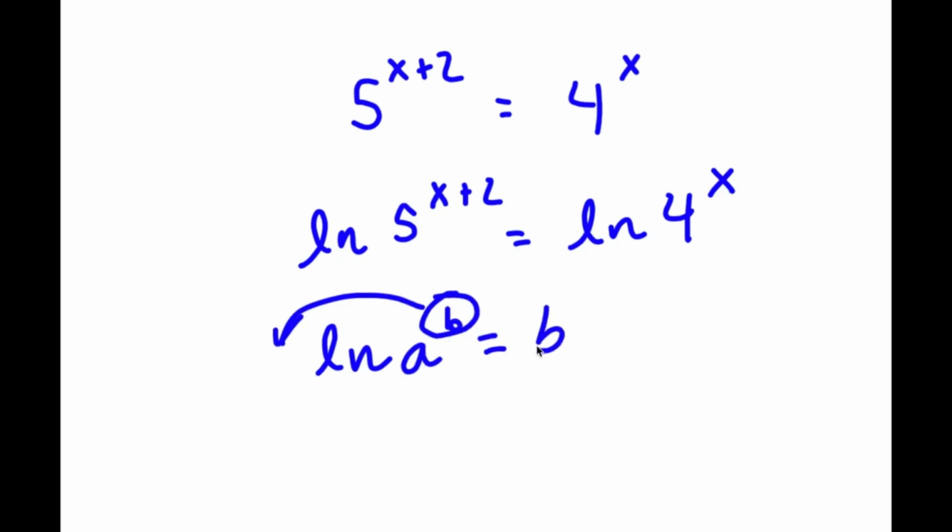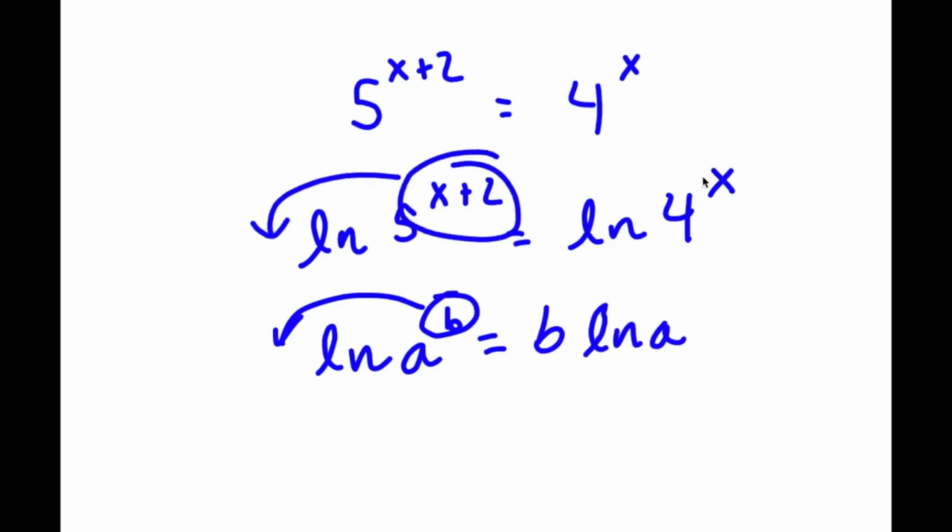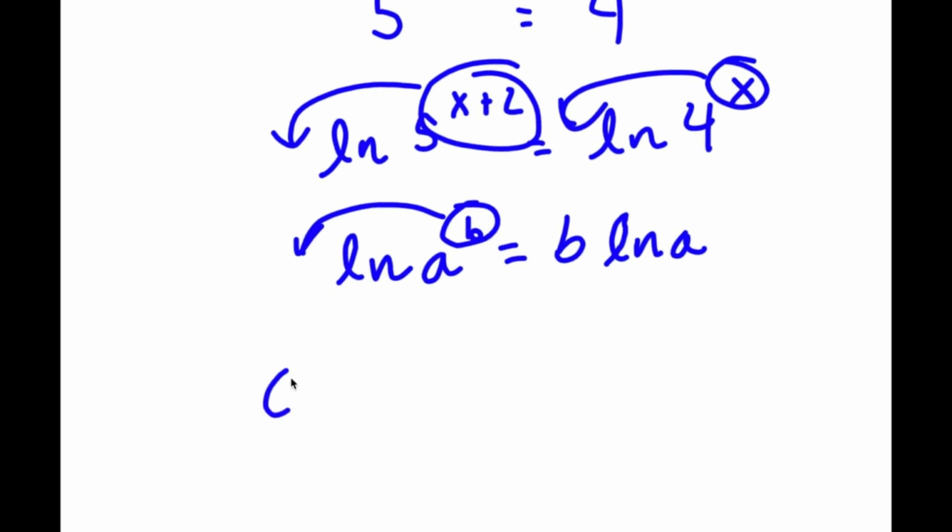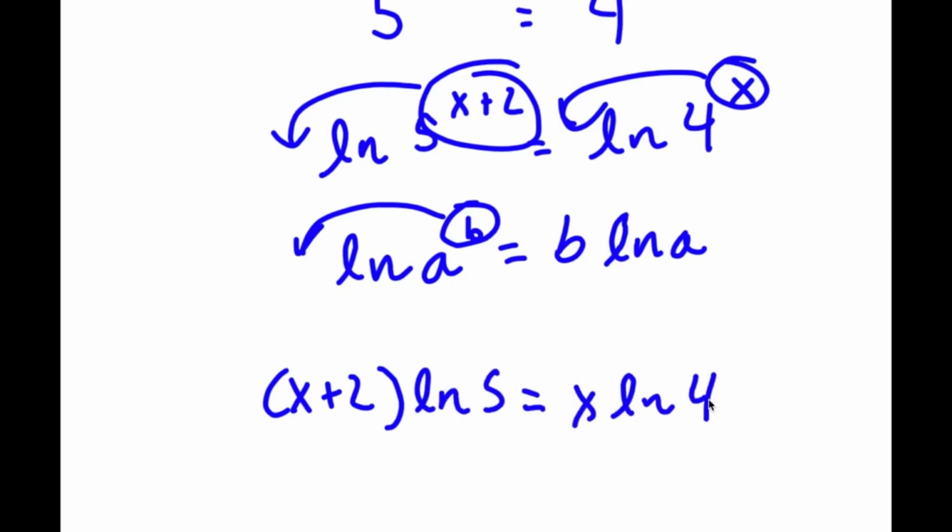So this is going to equal b times ln a. So for ln 5 to the power of x plus 2, I can move x plus 2 to the front. And for ln 4 to the power of x, I can move x to the front. So now I'm going to have x plus 2 times ln 5 is equal to x times ln 4.